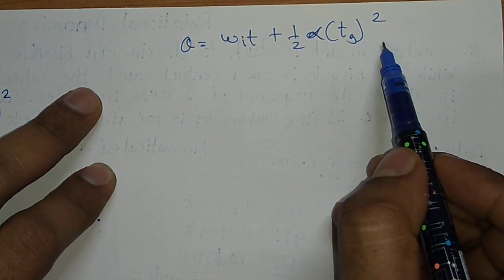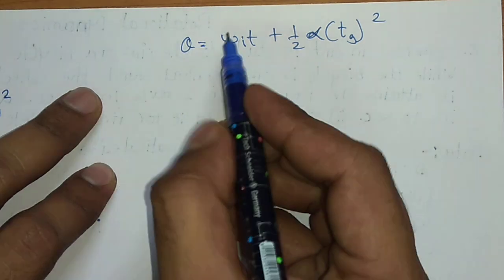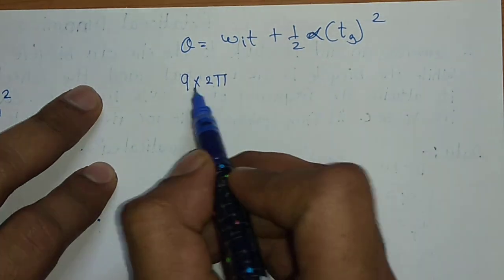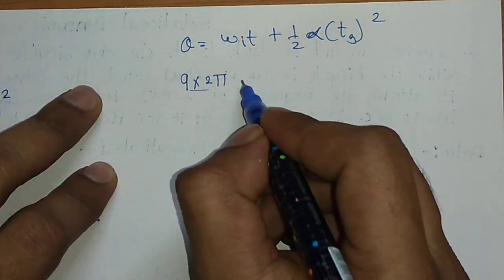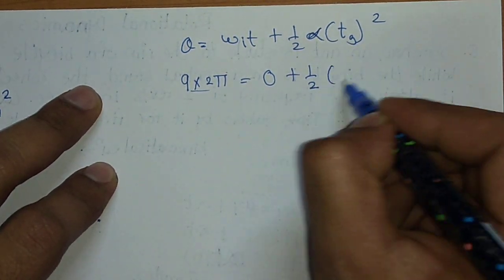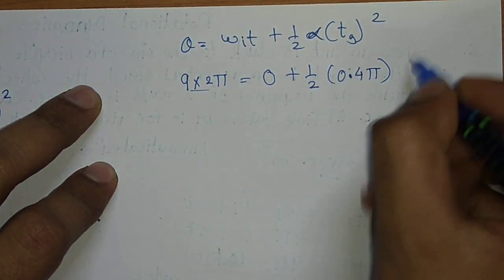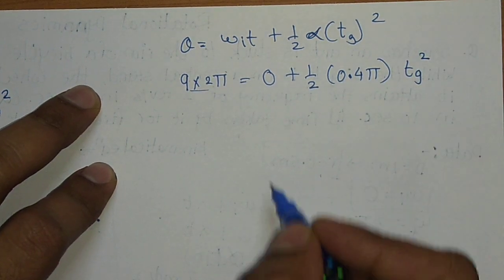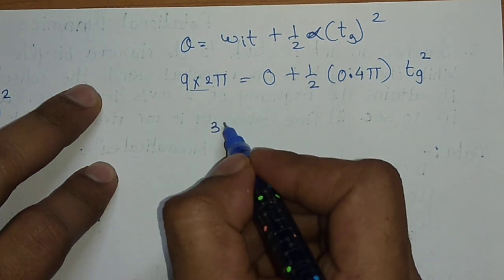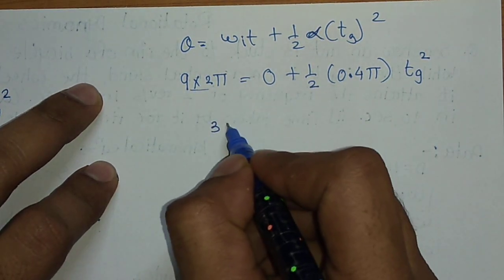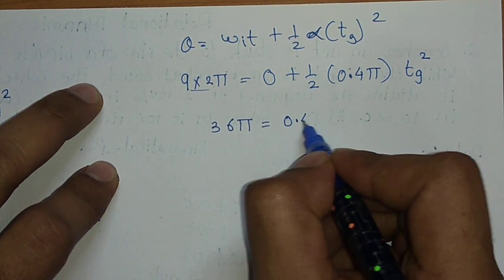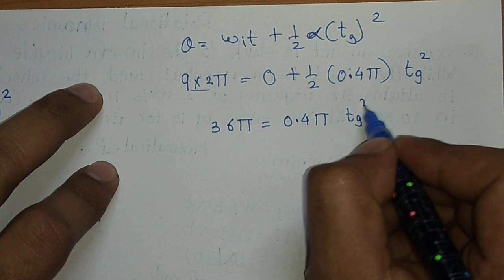Once again we will use this formula. Theta is the displacement during 9 cycles, so 9 into 2 pi will be the total displacement. The initial velocity will be 0 plus half the value of alpha, 0.4 pi, into t9 square. So this will become 36 pi equals 0.4 pi t9 square.